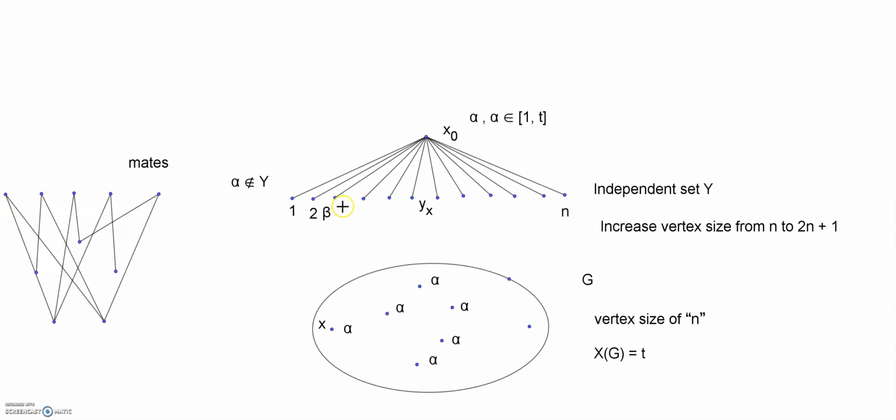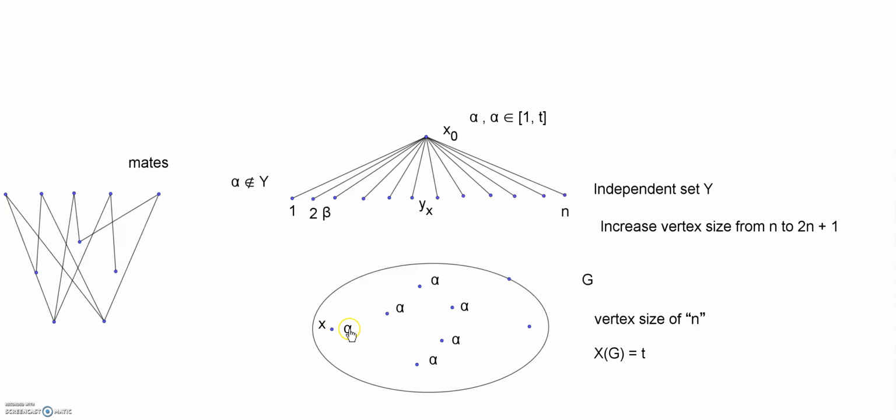But now if we remember that all of these vertices in the independent set y are mates of the vertices in the original graph G, that means that it is okay for this current value of x in the original graph G to have the same color as that in the independent set y. And it's not a first fit algorithm, but you can think of it like that.